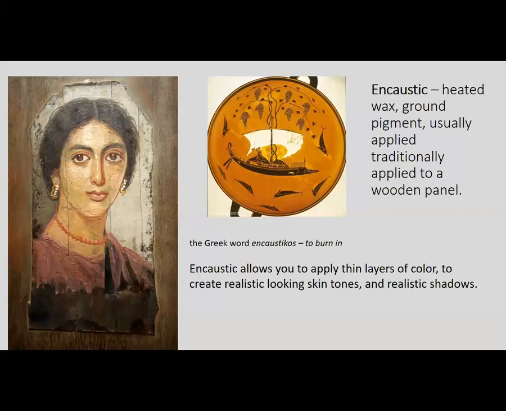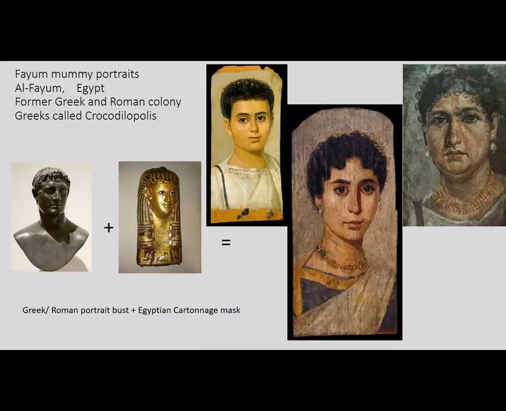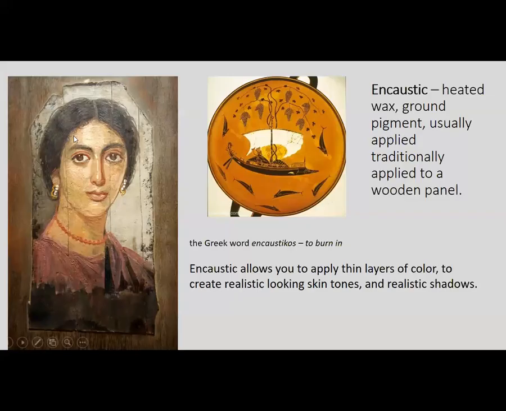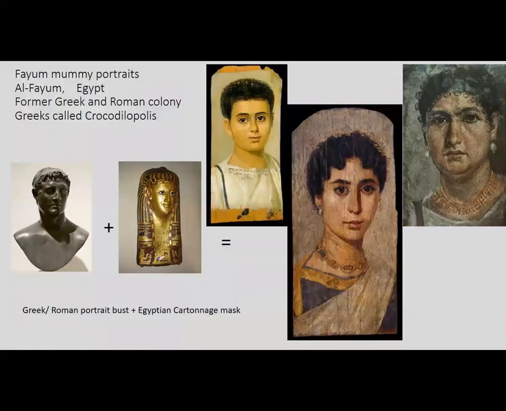One really famous example of using encaustic are what are known as Fayum mummy portraits. This painting of this woman is one of these. Egypt had at one point been a Greek and Roman colony, and the Greeks called Al-Fayum Crocodilopolis, in part because people revered crocodiles, and they would keep them in court.